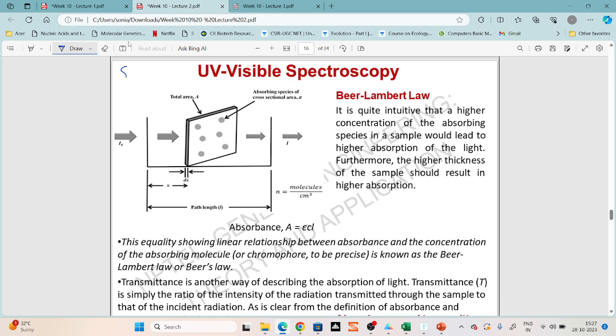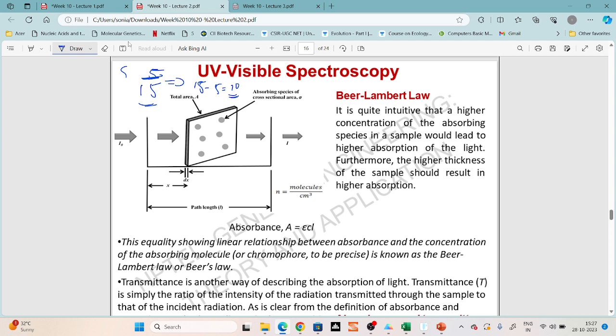This is nowhere near real values, I'm just giving you a simple example. Then you are getting a value of, let's say, 15 in your sample cell. So your actual absorbance is 15 minus 5, which is 10, because the background has to be removed. So the actual absorbance you have got is 10.